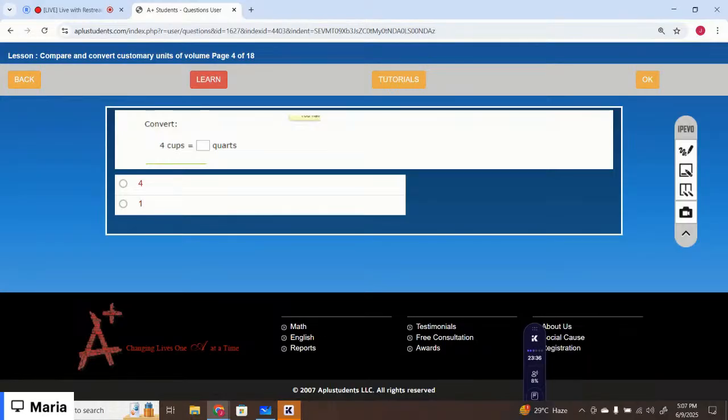Four cups equal how many quarts? Four cups equal 1 quart. Option number 2 is the correct option.